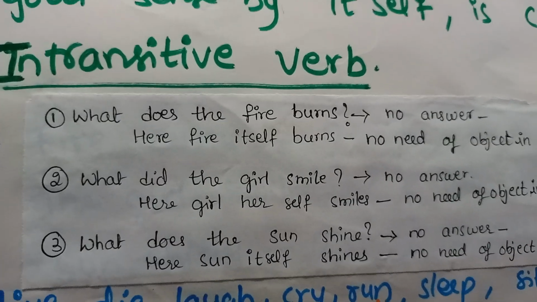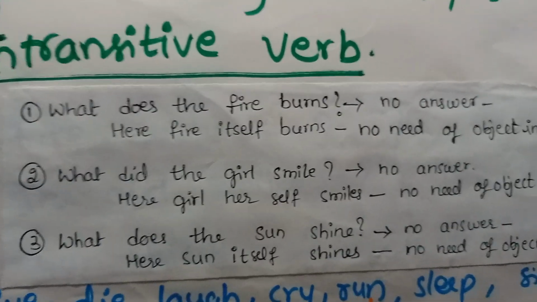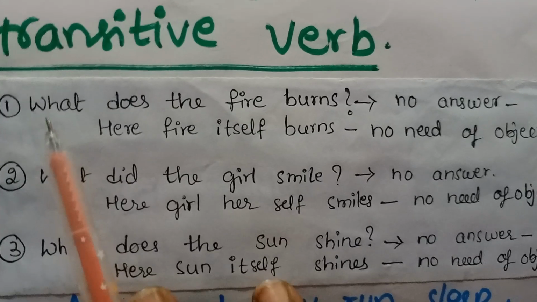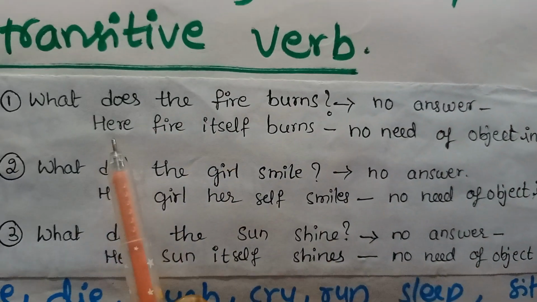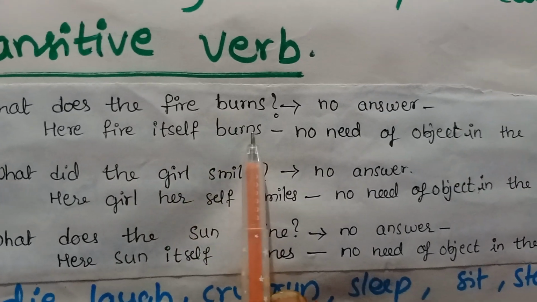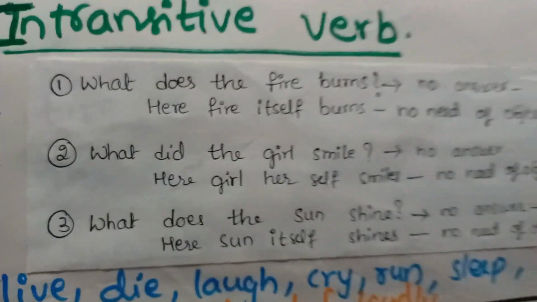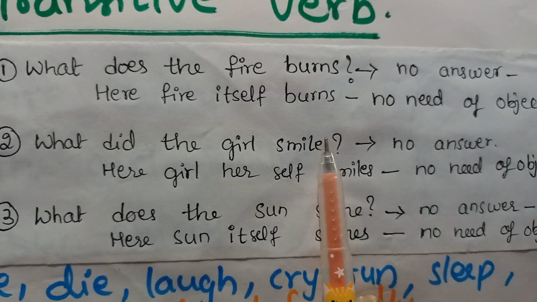These verbs do not need any object to give complete sense. See here, if we ask a question like this, what does the fire burn? No answer. Here, fire itself burns. No need of object in this sentence. Second example, what did the girl smile?